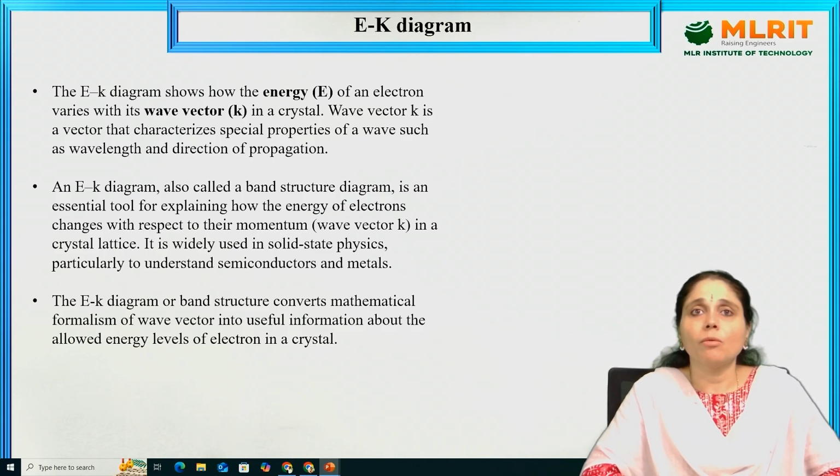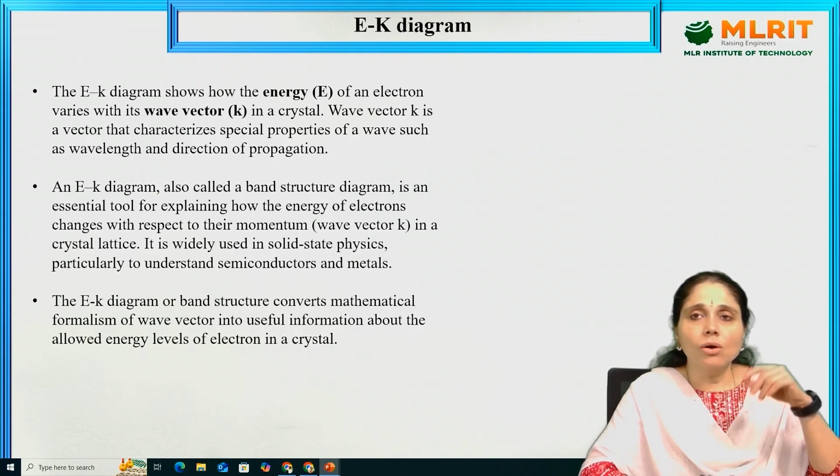An EK diagram, also called a band structure diagram, is an essential tool for explaining how the energy of electrons changes with respect to their momentum, the wave vector, in a crystal lattice. It is widely used in solid state physics, particularly to understand semiconductors and metals.